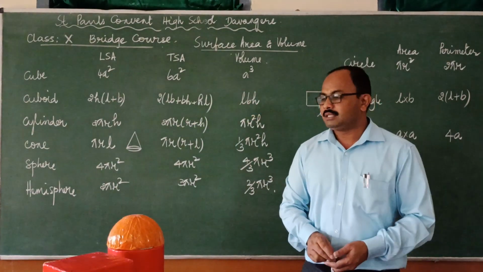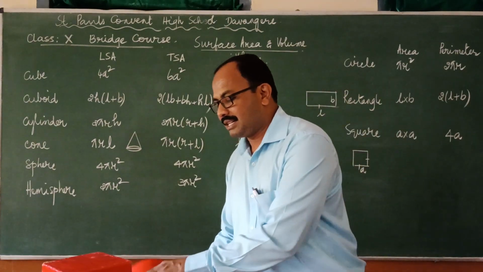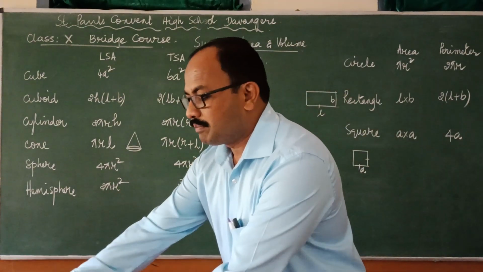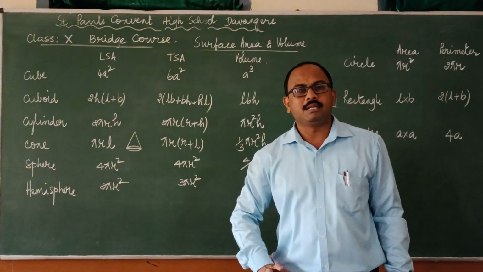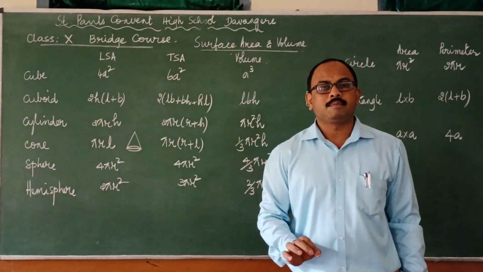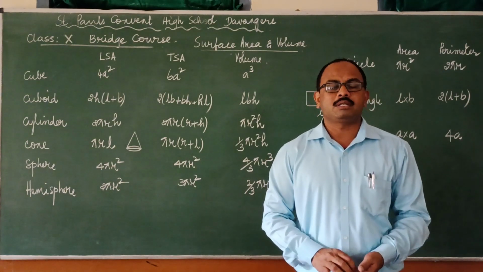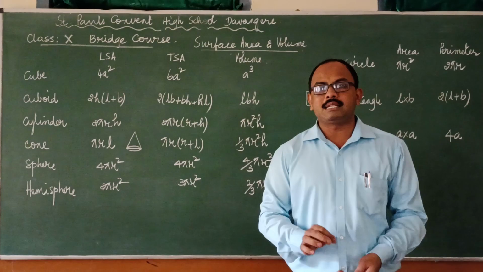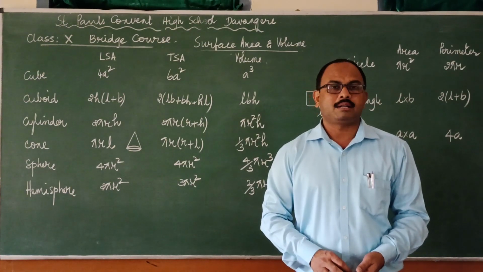These are all the formulas, children, that I wanted to give you. Please learn all these formulas, which will be very useful for the lesson on surface area and volume, because remember, children, that lesson is purely based on formulas.